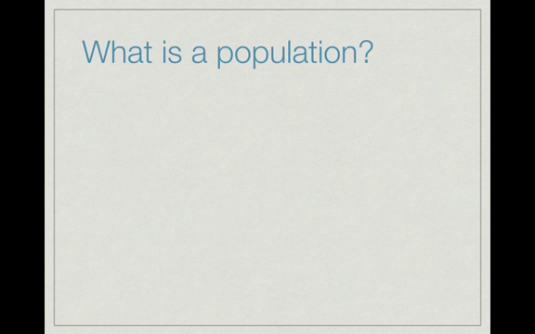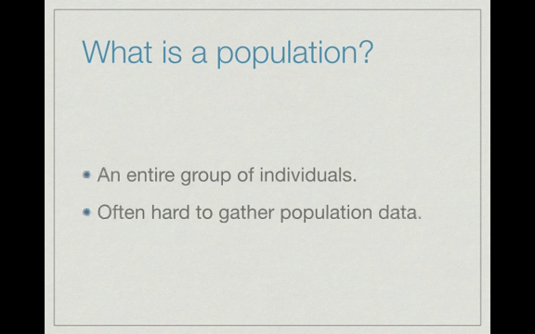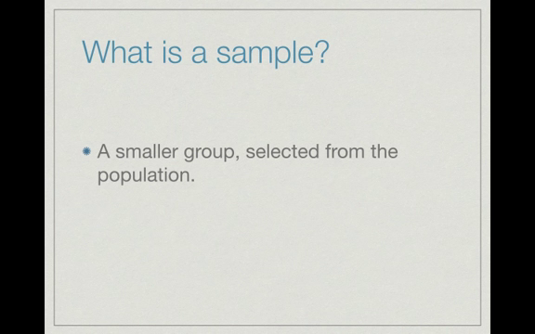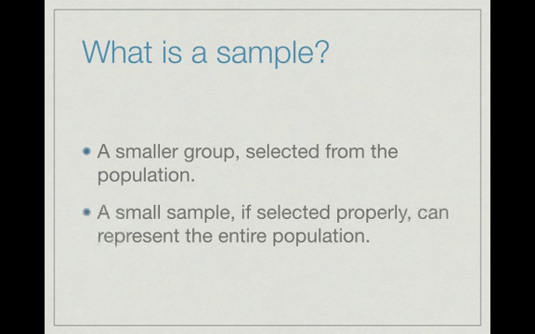Now a lot of times it's really not feasible to sample or to survey an entire population. So, because of that, what we often do is we use a sample. Now, a sample is a smaller group that's selected from the population. And the whole point is they can be representative of the population.